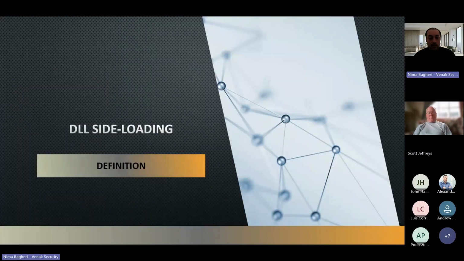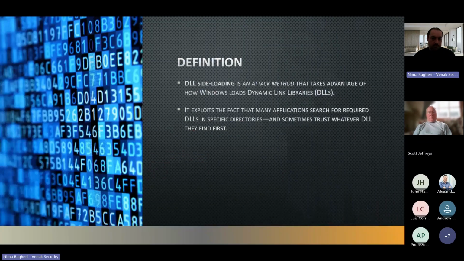Next is DLL side loading. DLL side loading is basically an attack method that takes advantage of how Windows loads dynamic link libraries, DLLs. It exploits the fact that many applications search for a required DLL in specific directories, and sometimes trust whatever DLL they find first.